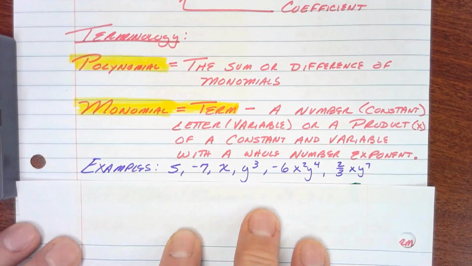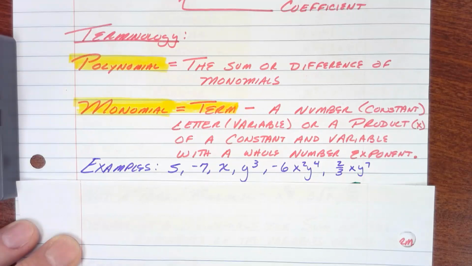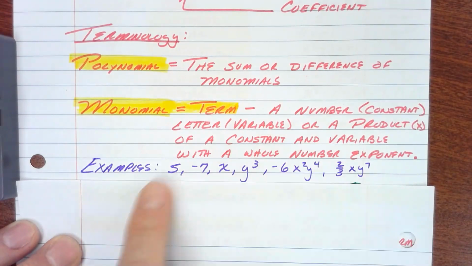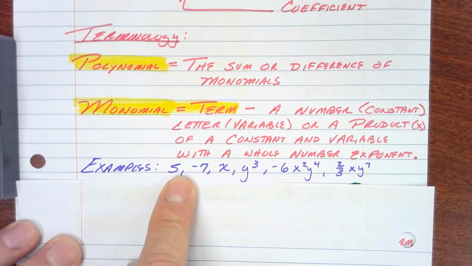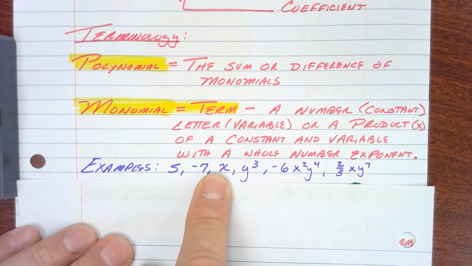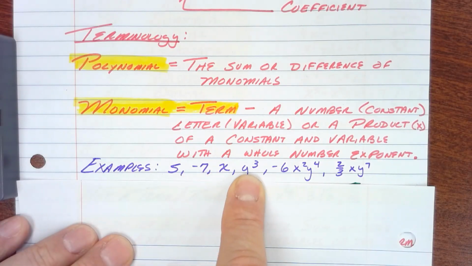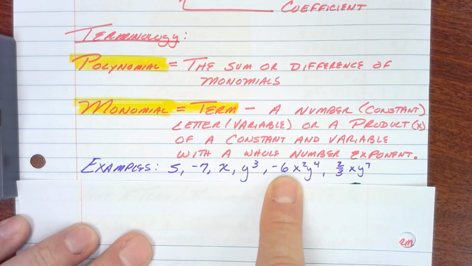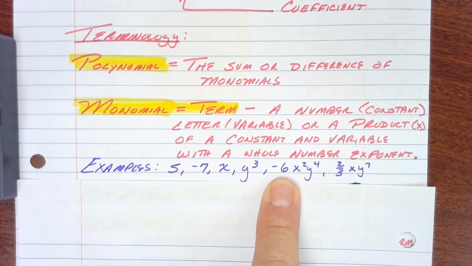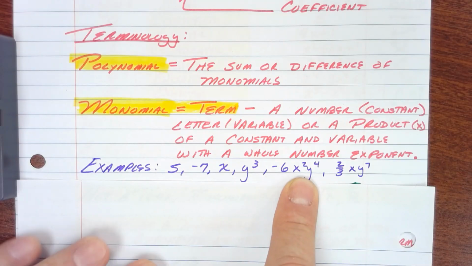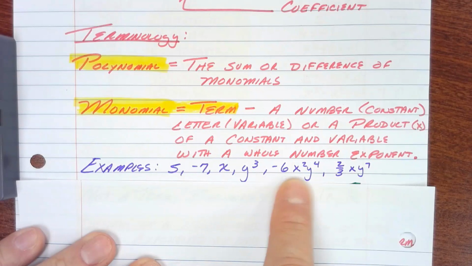Here are some examples of a monomial. A number, positive or negative, a variable with an exponent. Here we have a coefficient in front of, and it again is the product of numbers and letters, constants and variables.